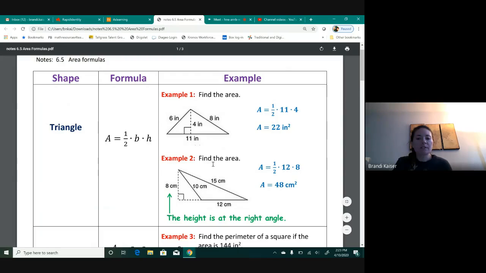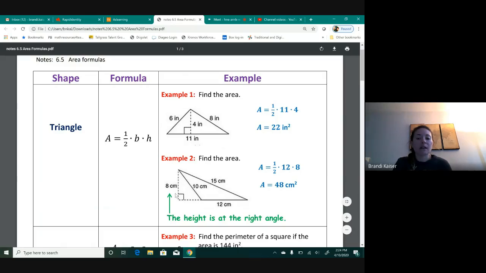Okay, the second example they give you here, if you notice in this triangle, they gave you 15 centimeters, 10 centimeters, and 12 centimeters, but way over here is this little drawing of some dotted lines, and 8 centimeters is given with a right angle. So the height of this particular triangle is this 8 centimeters. Again, height and base have to be perpendicular.